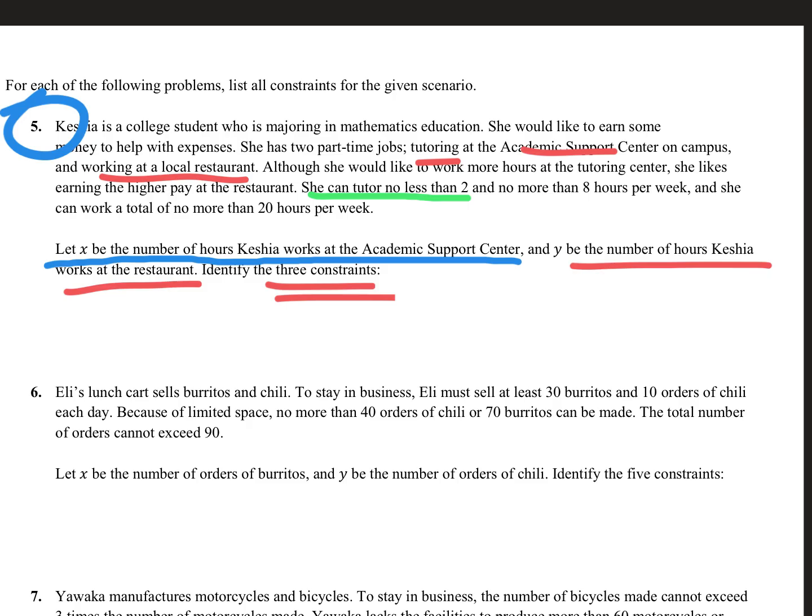Tutoring's X, says so right here. X no less than 2. The way I think of that is it's not a less than, so it must be greater than.